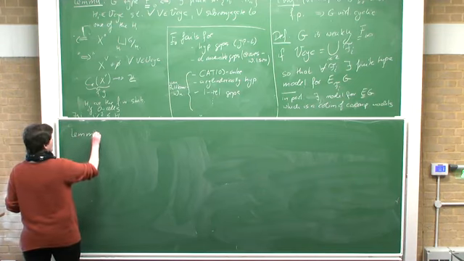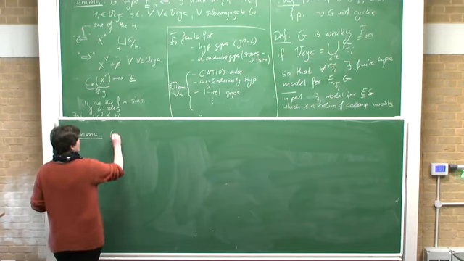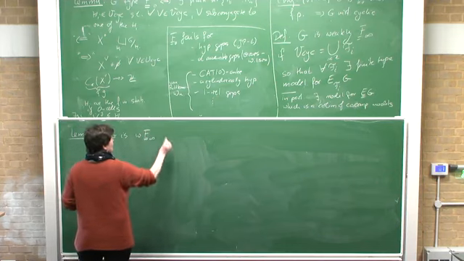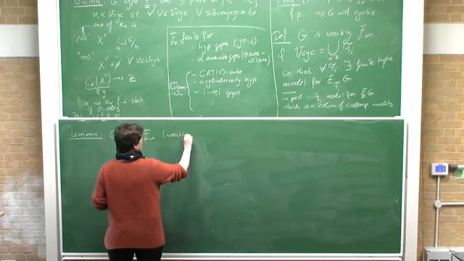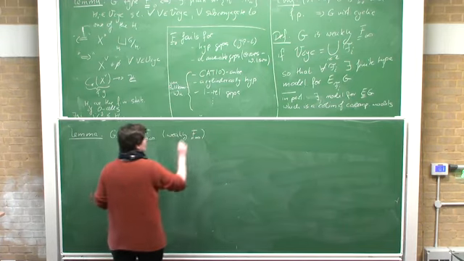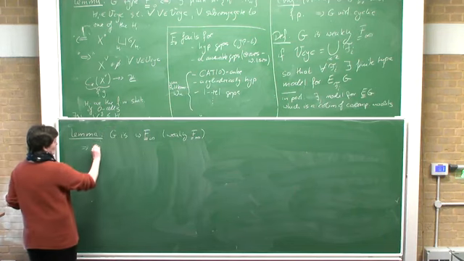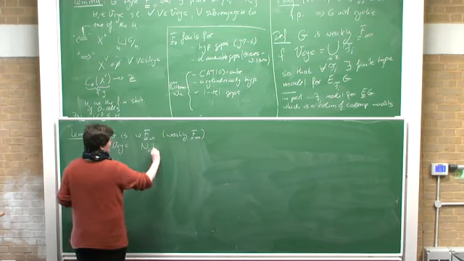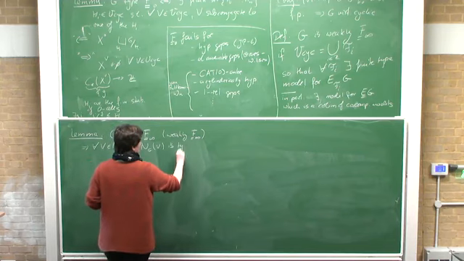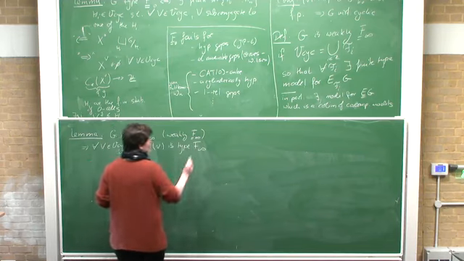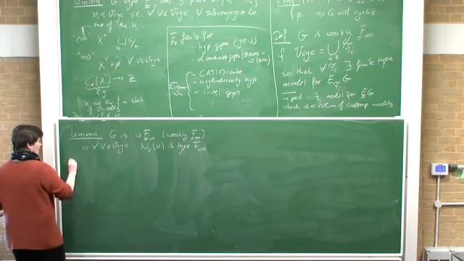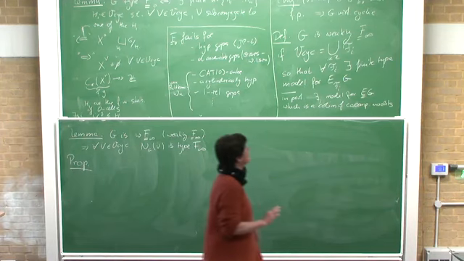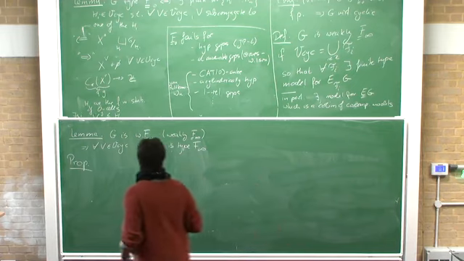So G weakly F_infinity implies for all virtually cyclics V that the normalizer is of type F_infinity. And soluble groups are not, in general, even weakly F_infinity.